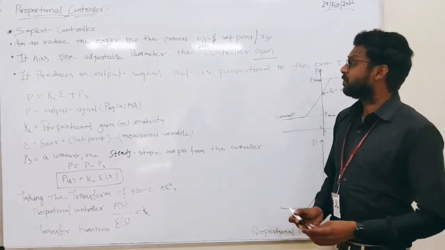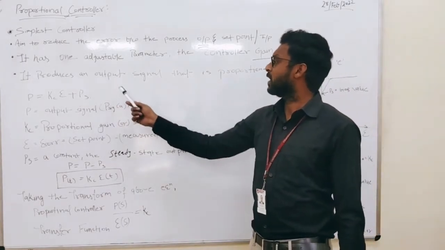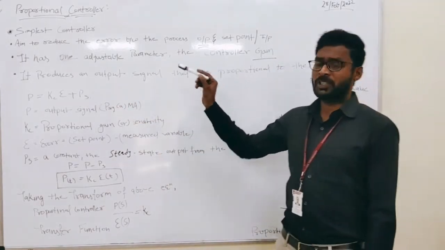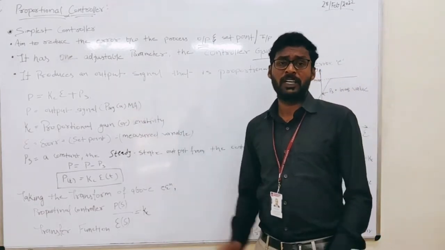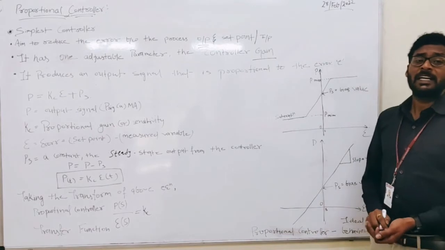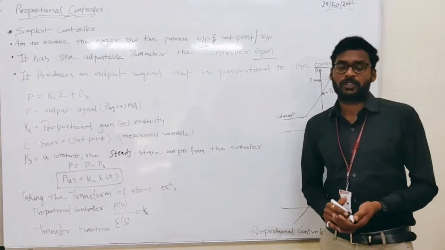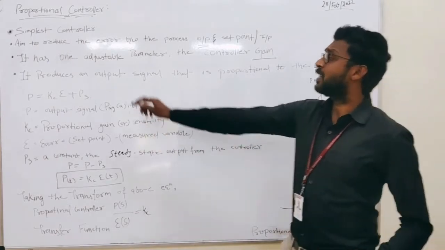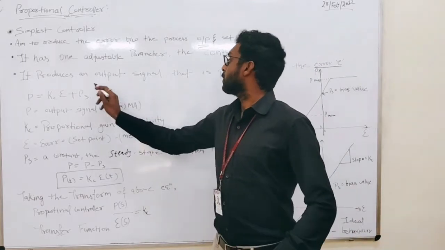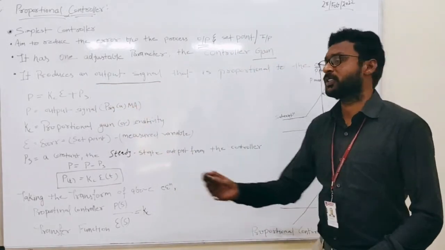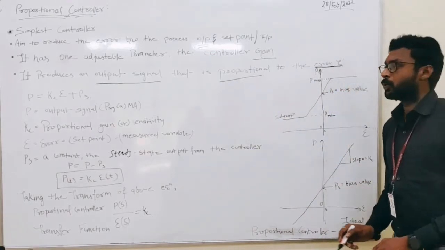Whatever output signal is produced by this controller will be proportional to the error value produced in the process. So as the name suggests, in a proportional controller the output signal which comes from the system is proportional to the error produced in the process.